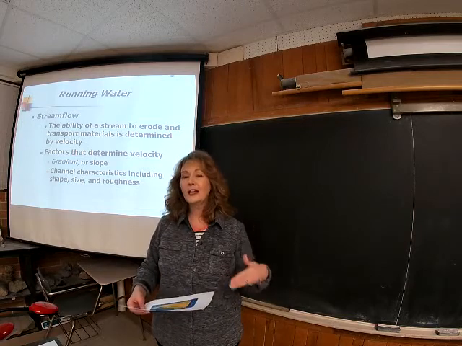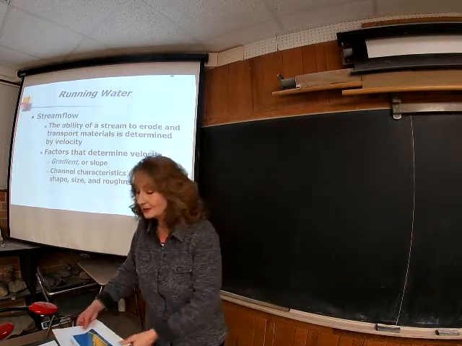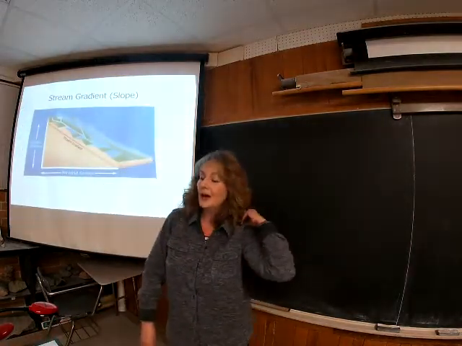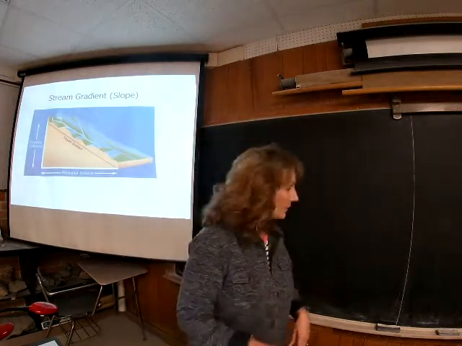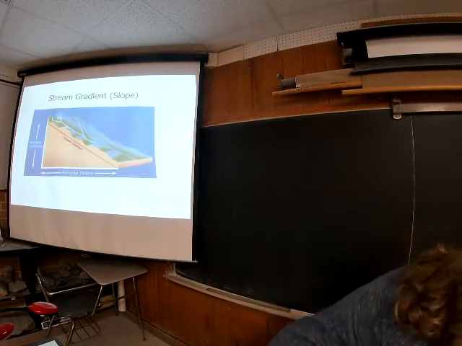So it's the change in elevation over distance. I've got a little image here that can help us to see that, but this is called stream gradient or slope. I can find a piece of chalk for us.